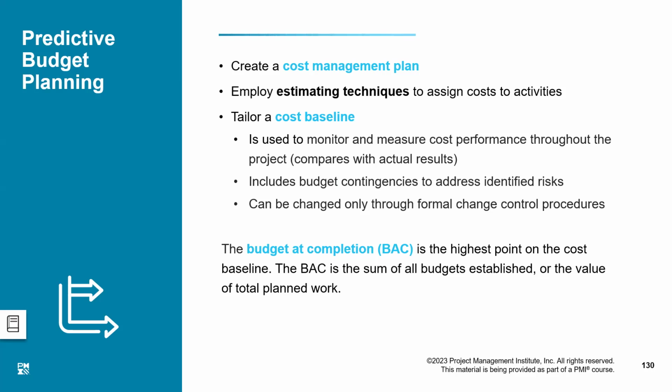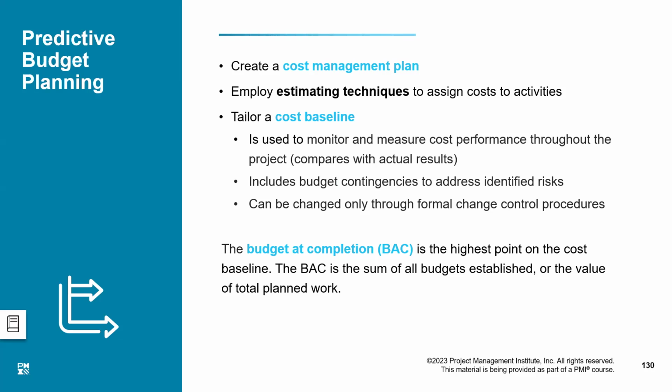As you understand, we had calculated the cost for each activity and we summed it all up, which gave us the total budget of the project. This total budget of the project is called BAC, budget at completion. This is the budget at completion. This is the highest point on the cost baseline.